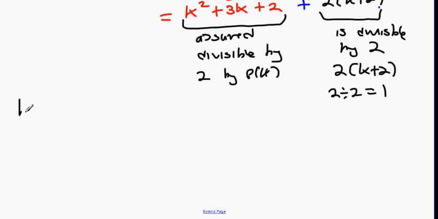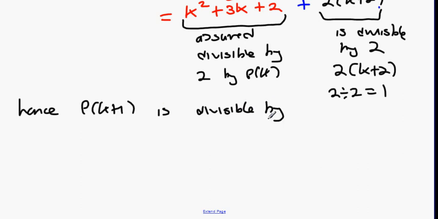So now it's just a matter of writing down the formal part of the proof. So hence P of k plus 1 is divisible by 2 if P of k is divisible by 2.